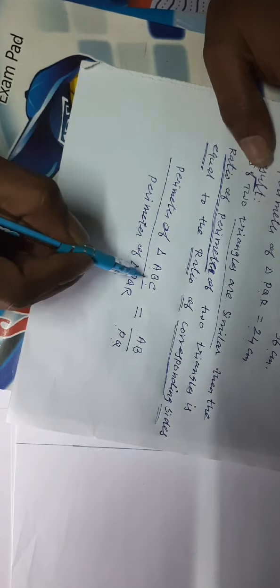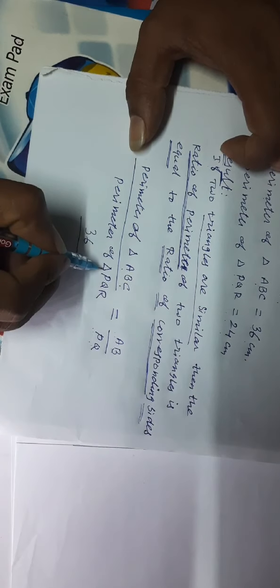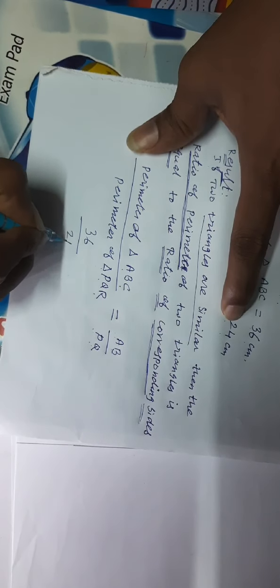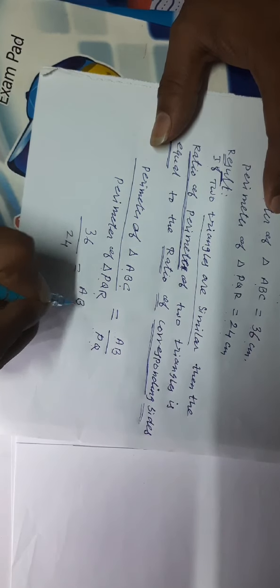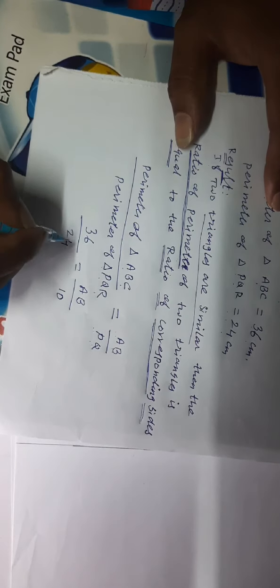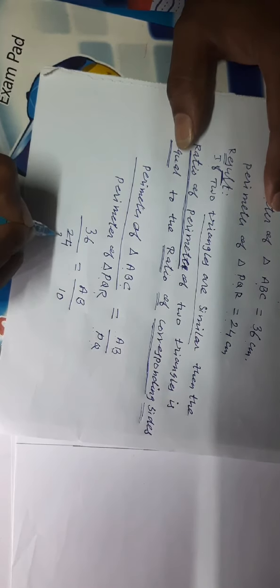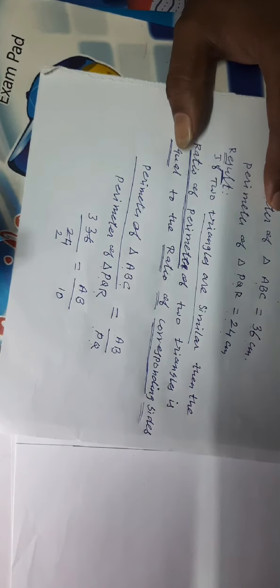Now substitute here. The perimeter of ABC is 36 by the perimeter of PQR, which is 24, equals AB, which is not given, over PQ, which is 10. Divide by 12: 2 twelves are 24 and 3 twelves are 36.